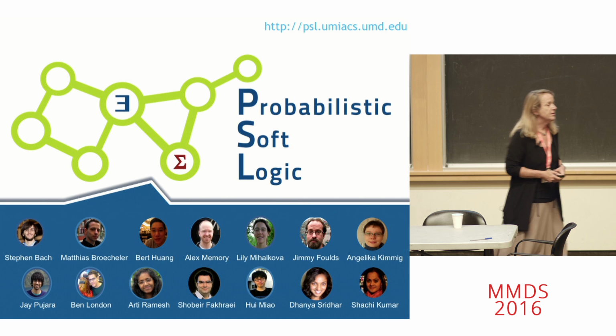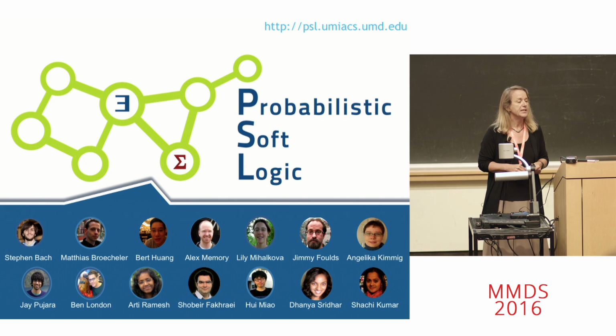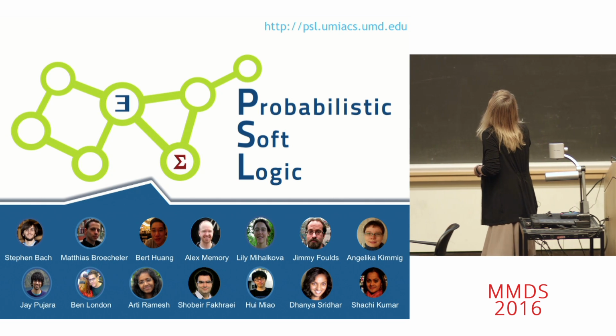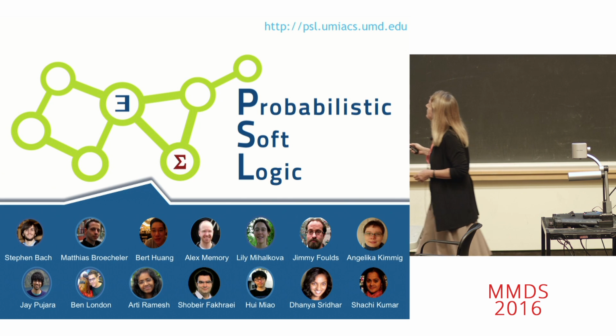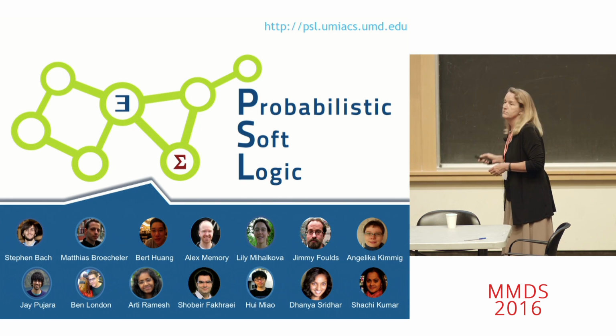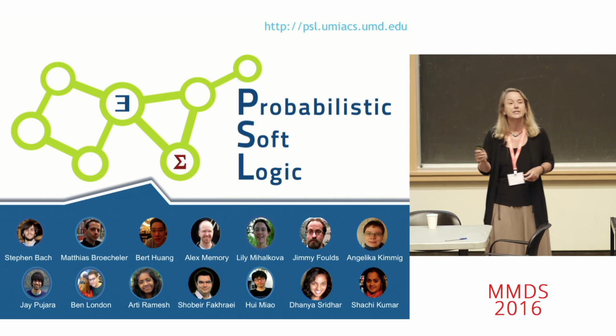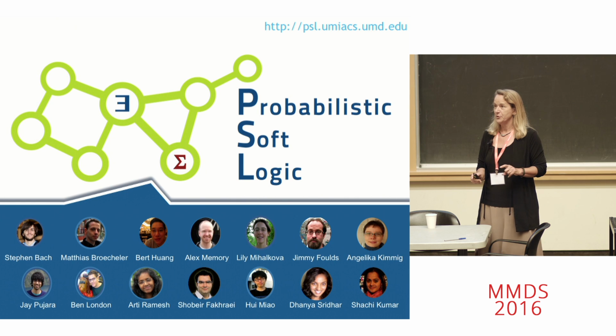So the system that I'm going to talk about, we call it PSL, for probabilistic soft logic. It is open source. There are a bunch of tutorials and so on available here, some videos. And I do want to call out Steve Bach, who is one of the key contributors behind this, and in particular the mathematical result that I'm going to show in just a few minutes.